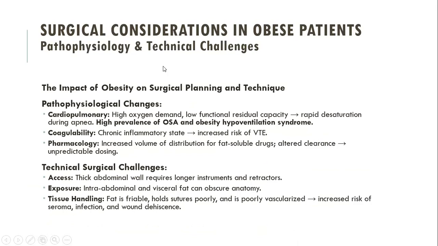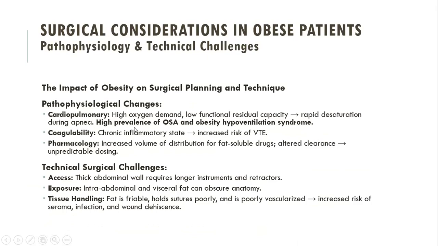Now we come to the surgical considerations in obese patients. So, what is basically the impact of obesity on surgical planning and technique? Obesity can cause pathophysiological changes. In the cardiopulmonary system, they have a high oxygen demand and low functional residual capacity, and it basically causes rapid desaturation during apnea.